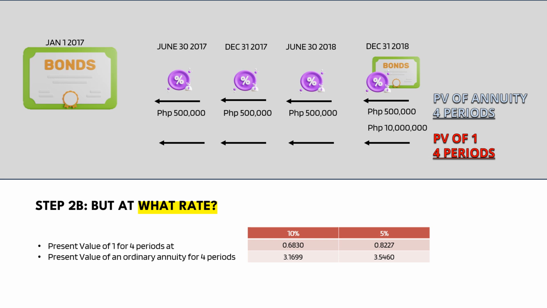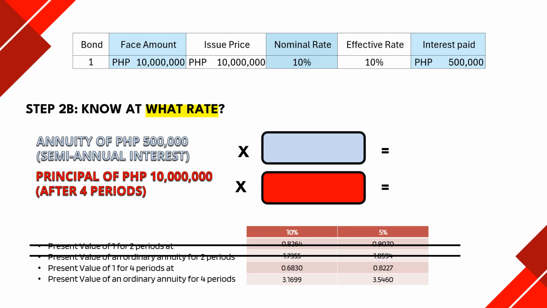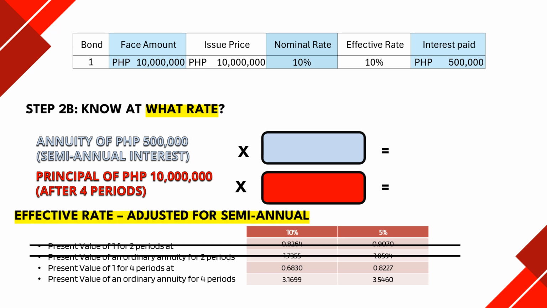But the next question is, at what rate? 10% or 5%? Well, you have to follow the effective rate adjusted for the frequency. The effective rate is 10%, but technically, we have to adjust that by the frequency. So if semi-annual, that would be 10% times 1/2, which is equal to 5%.